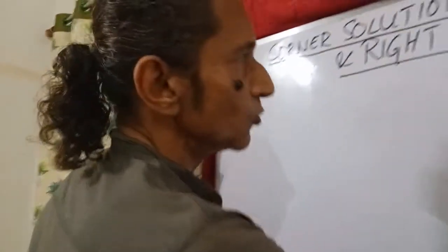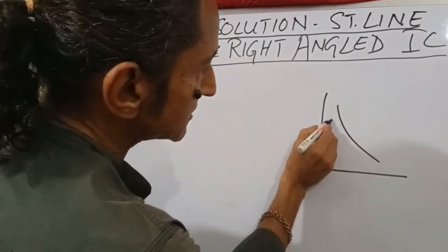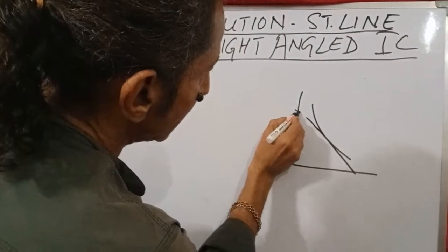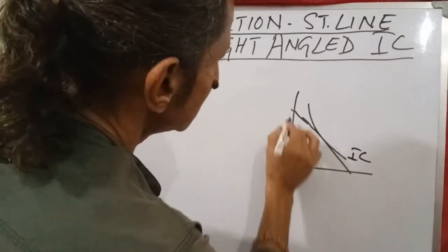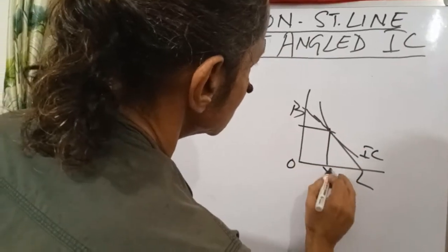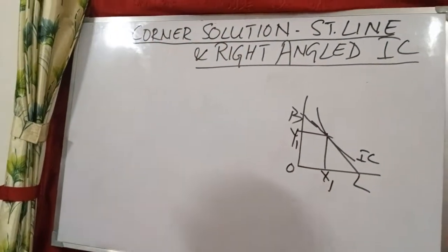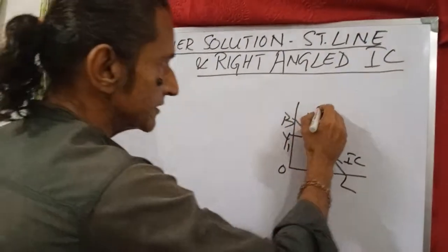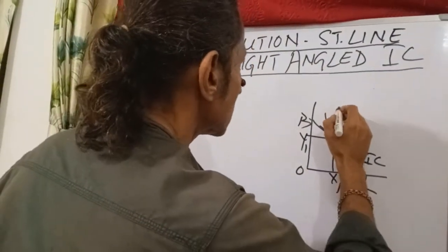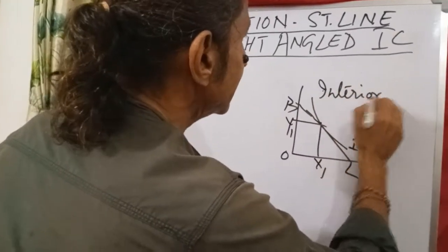In those cases, the optimum point is reached at the point of tangency between IC and budget line. These types of solutions are called interior solutions.